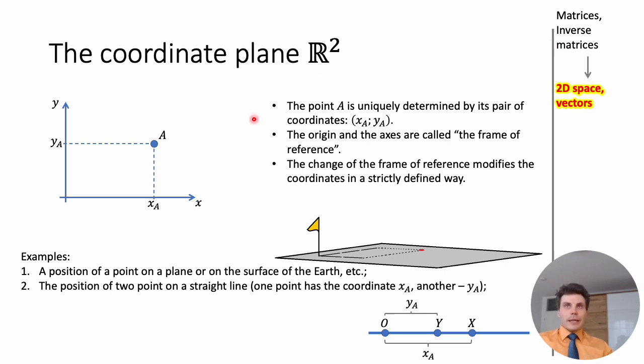The coordinate plane is composed of two real axes. One is denoted as x, another one is y, and the whole collection of points that belong to this plane is denoted by this bold capital R, which we are already familiar with. That's the symbol for the space of real numbers. But squared. Squared essentially means that there are two coordinates.